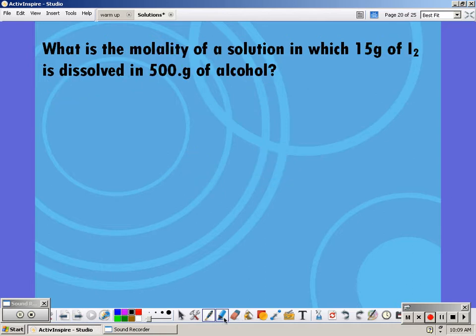Here we're looking for molality, and we're given 15 grams of I2 dissolved in 500 grams of alcohol. I2 is dissolved, so that would be my solute, in my solvent. Another way I know alcohol is the solvent is that the solvent is always the larger amount, and 500 is larger than 15.